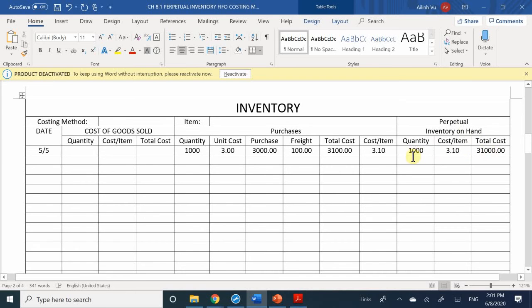Because this came out even, it's $3.10, so each item that we sell is going to be $3.10. What you can do is highlight this and make it a color, so you know that when we start selling stuff, we need to take from batch 1. That way we can at least recognize what color we're using.